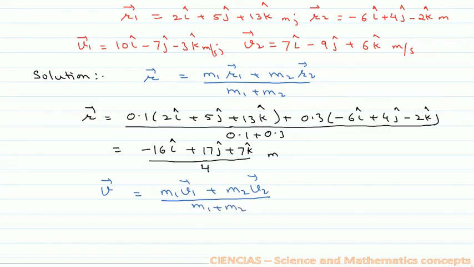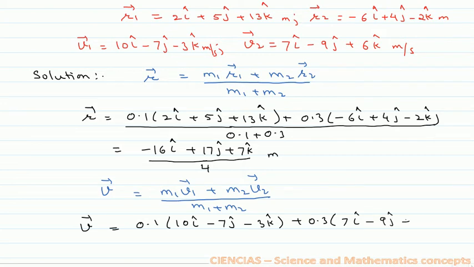Therefore, v is equal to 0.1 into (10i cap minus 7j cap minus 3k cap) plus 0.3 into (7i cap minus 9j cap plus 6k cap), divided by 0.1 plus 0.3.